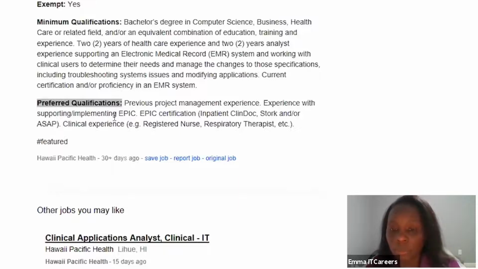So let's say you have experience in Epic or a certification in Epic, but you don't have a bachelor's degree. Their preferred qualification is that you be certified in Epic. So in that case, they will overlook the fact that you don't have a bachelor's degree, but you do have an Epic certification. So you always want to know what the preferred qualifications are versus what the minimum are.